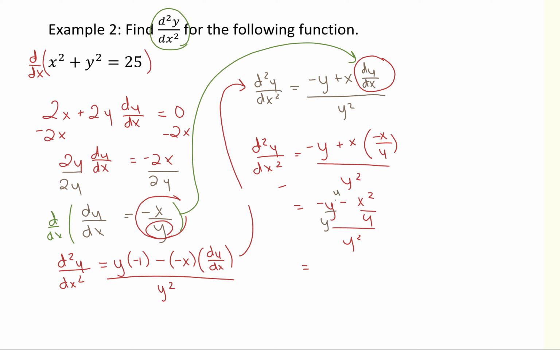So I'll have negative y squared minus x squared over y, all over y squared. And so finally, we're going to put our denominators together, and we end up with negative y squared minus x squared all over y to the third. And that would be our second derivative for that function.